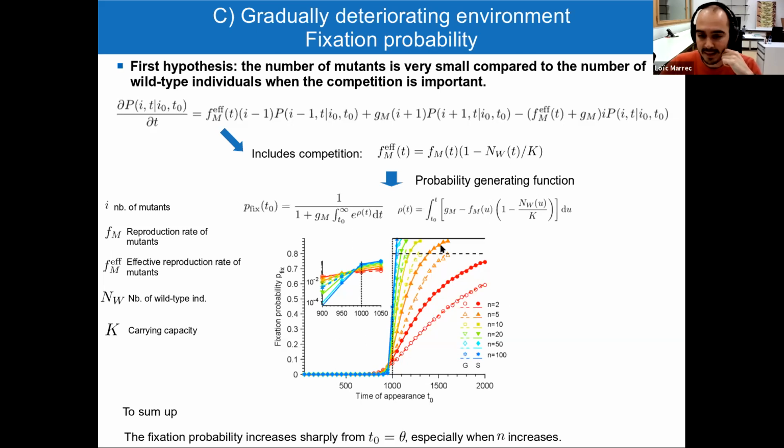As you can see here, there is a very good agreement between the simulated data, which are the data points, and my analytical predictions. And what we can see is that the fixation probability increases sharply from the inflection point, especially when the Hill coefficient increases.